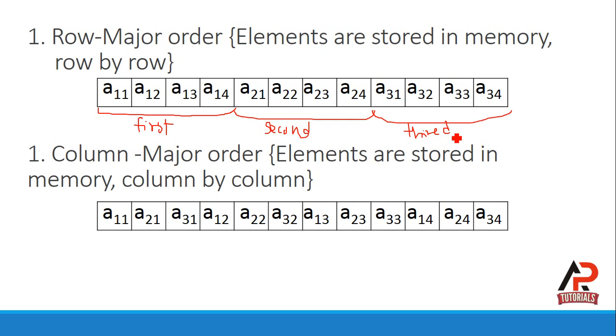If you take column major order, what is the difference? The elements are stored in memory column by column, whereas in row major order, the elements are stored in memory row by row.